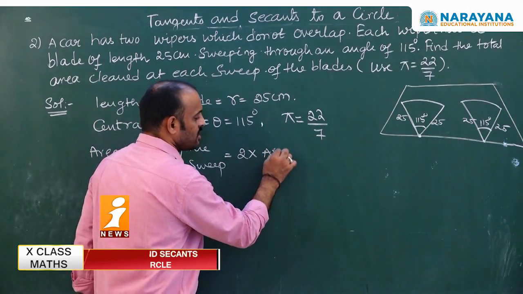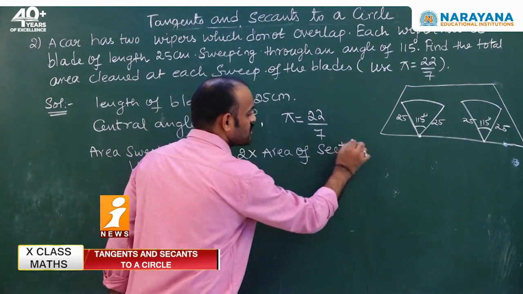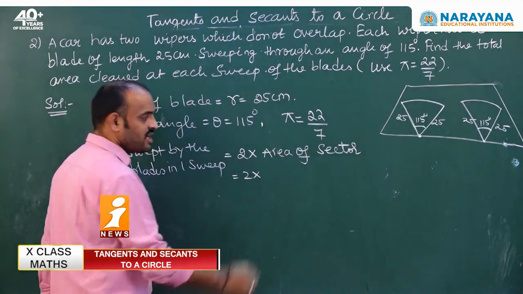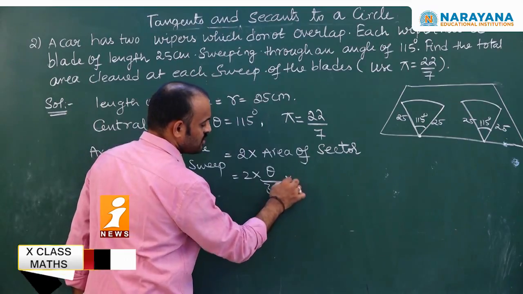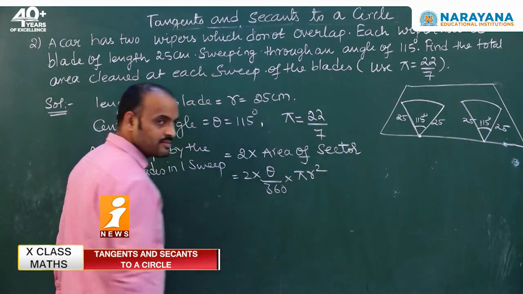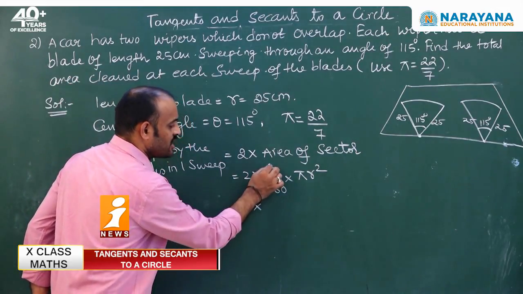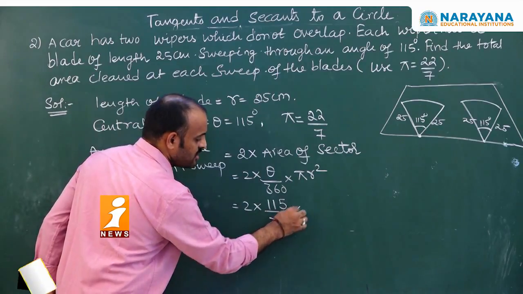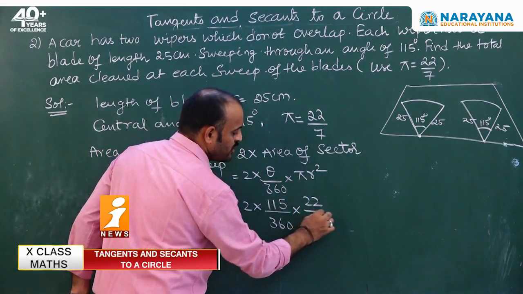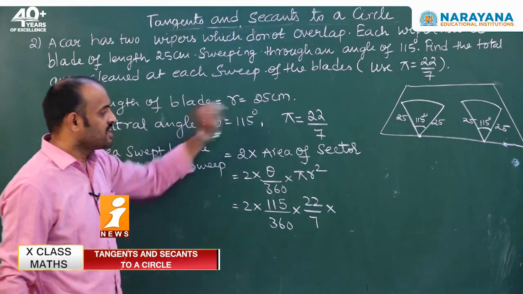So that is in the shape of sector. So 2 into area of sector. What is the area of sector formula? Theta by 360 into pi r square. 2 into, here theta is 115 by 360 into pi is 22/7 and radius is 25 centimeters.